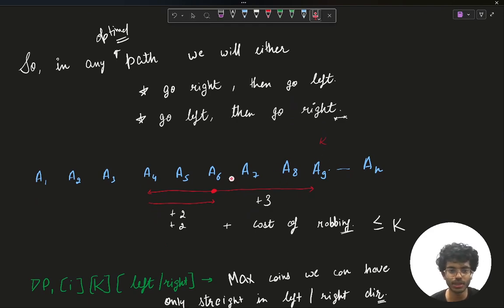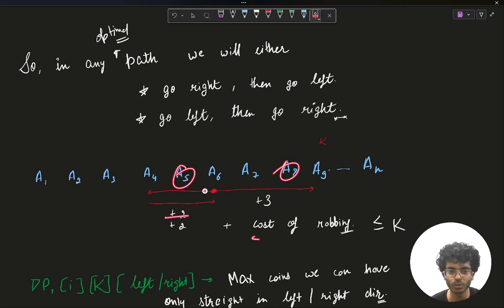For example, if this is the total number of houses, he's starting at this house 6. He'll go left. He can go left for 2 days. He can come back to this house for 2 days, and then he can go right to this house for three days. Now, what is the total cost? Let's say he robbed this and this house.